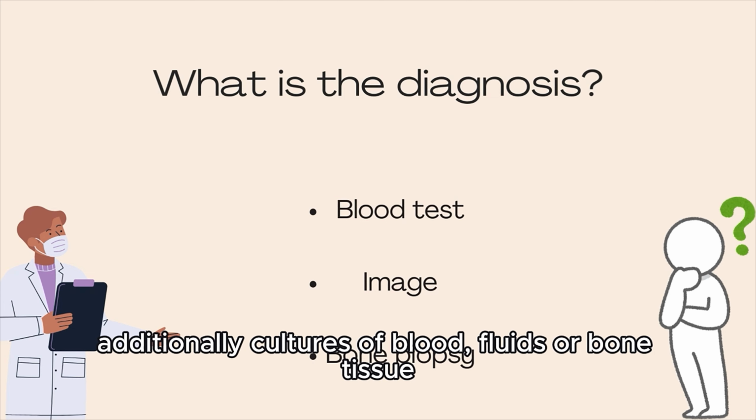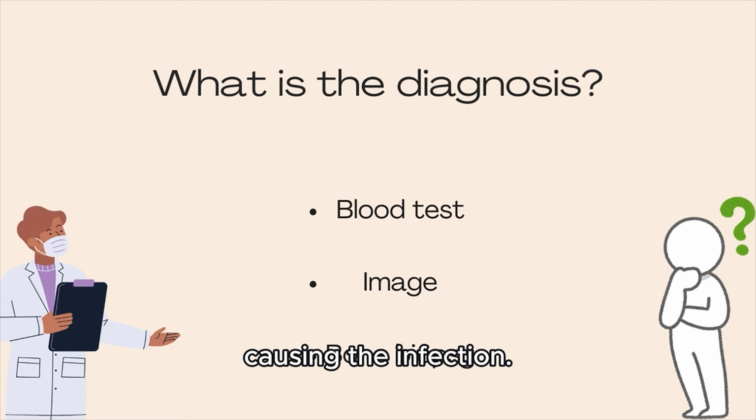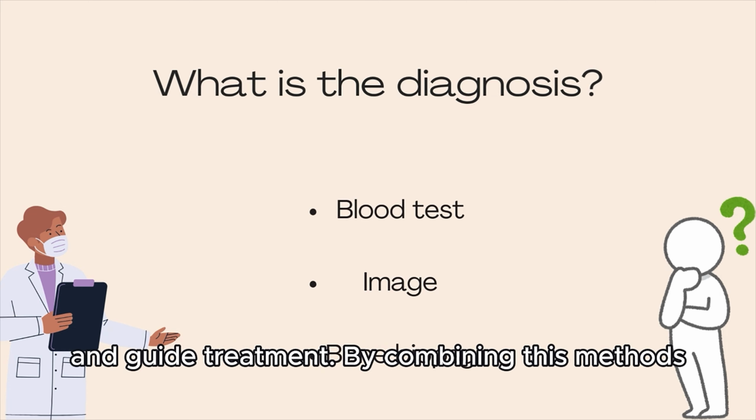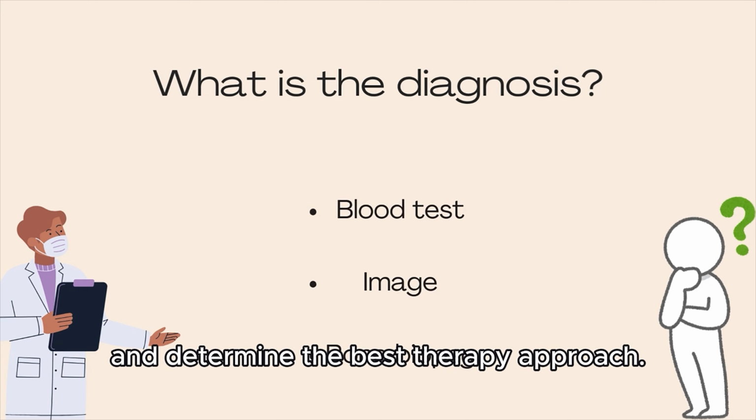Additionally, cultures of blood, fluid, or bone tissue are performed to identify the microorganism causing the infection. In some cases, a bone biopsy is necessary to confirm the diagnosis and guide treatment. By combining these methods, doctors can accurately diagnose osteomyelitis and determine the best therapeutic approach.